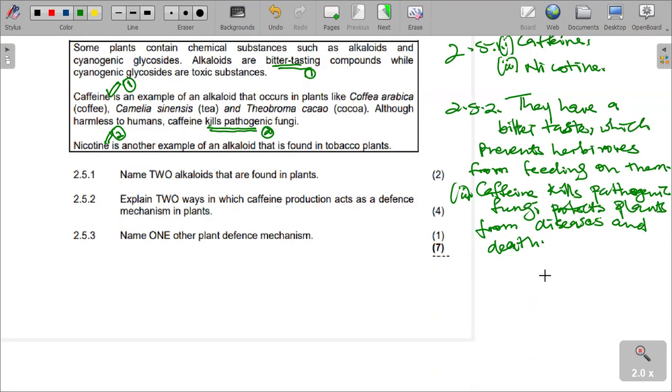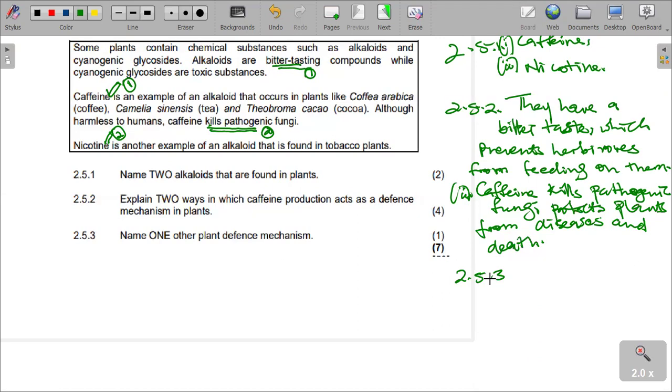That is quite correct. And then next question, 2.5.3: name one other plant defense mechanism. In this case, these forms of plant defense mechanism that have been stated there are chemical defense mechanisms.